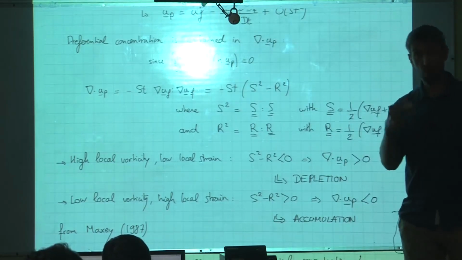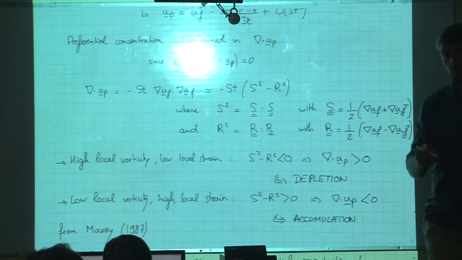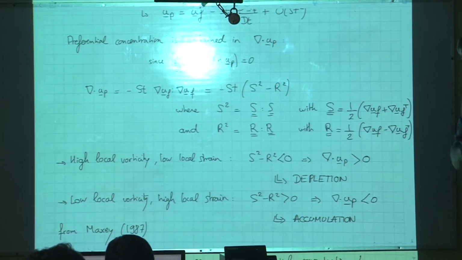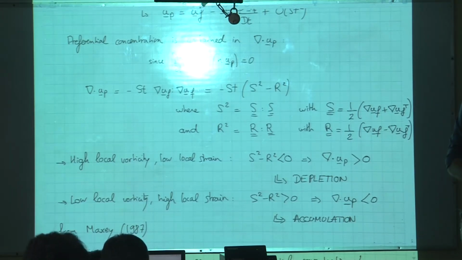So depending on what the local fluid phase looks like, we can say something about the response of the particles, which is a bit more powerful and allows us to connect to what we saw this morning. So the regions of depletion were regions where vortices were ejecting particles out, and this is essentially the kinematic confirmation of this. Okay.